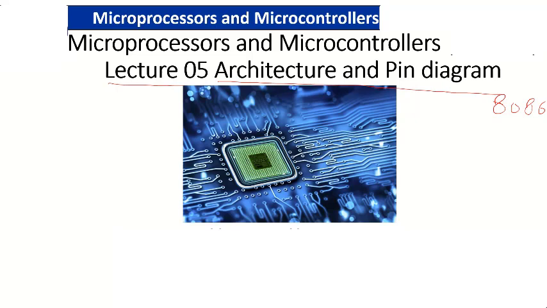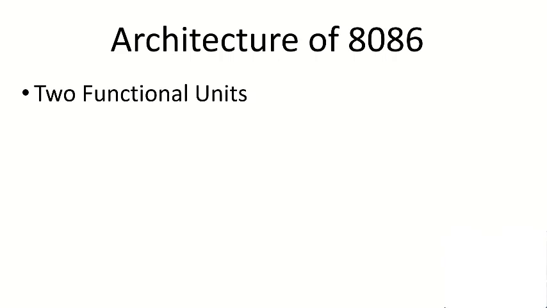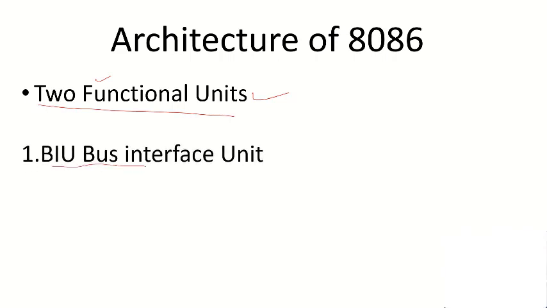In the architecture of the microprocessor, there are two main functional units. The whole architecture is divided into two main functional units. The first is the Bus Interface Unit.